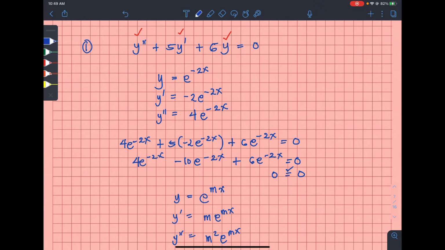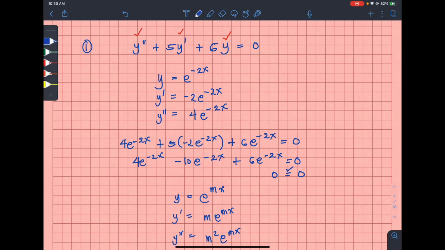So this is what is unique with the exponential function. In a higher order differential equation, most of the time the solution is an exponential function, one of which would be e raised to negative 2x. The idea there is that once you differentiate an exponential function, it is still an exponential function.